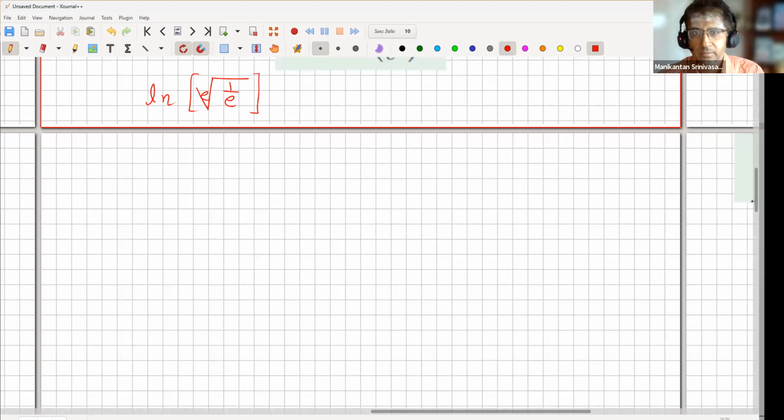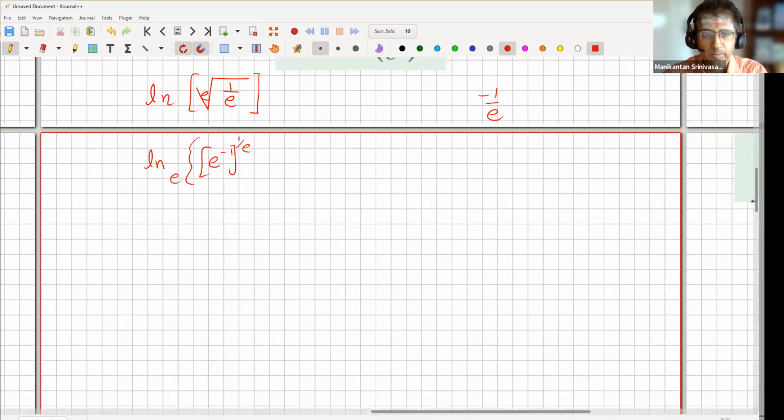Same answer, others? Yes, sir. That's right. Just to expand, it's e power minus 1 whole power 1 by e. So it's ln of e power minus 1 by e, whole to the base e.